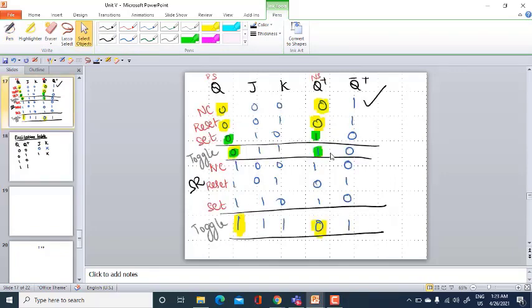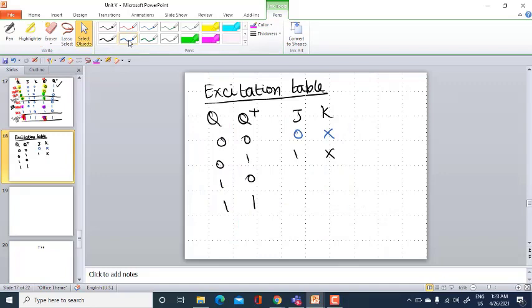And then the 1, 0 combination, between your fifth and sixth states, the 1, 0 combination. So see here, K is 1, whereas J is don't care. K is 1, J is don't care. The next one is the 1 and 1 combination.